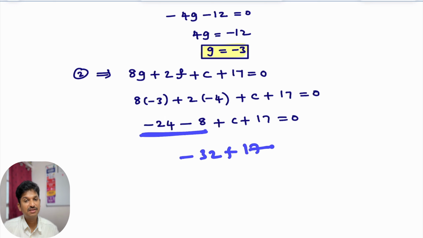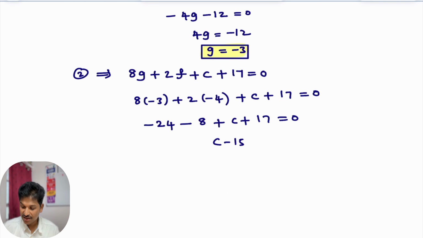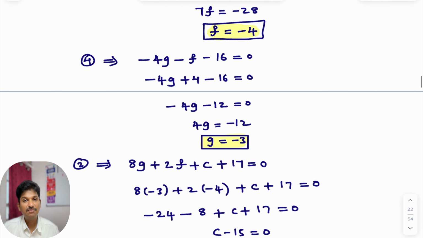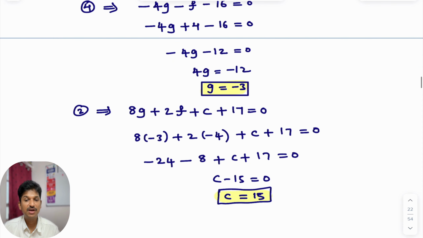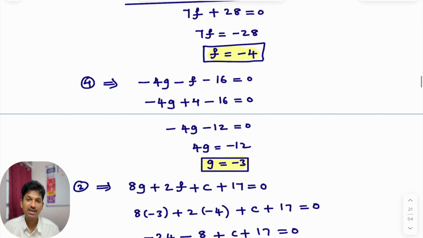Minus 32 plus 17 is minus 15, right? So what you will get here, you will get C minus 15 equal to 0. From this, what is C? C is 15. So you wanted to find the G value, F value, C value. You got all these three values. F value is minus 4, G value is minus 3, C value is 15.